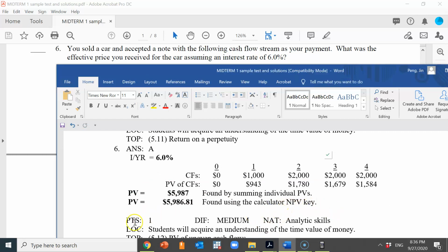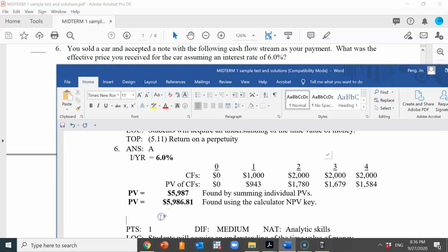If we're using the calculator function, what we need to do is press the cash flow function. Input cash flow 0 as 0. Cash flow 1 as 1,000. Down button.